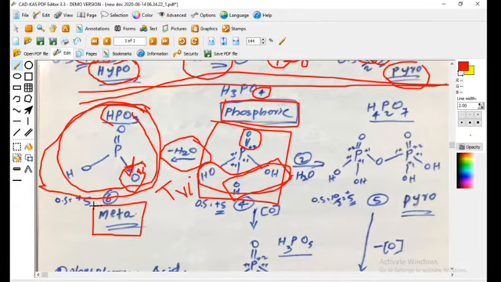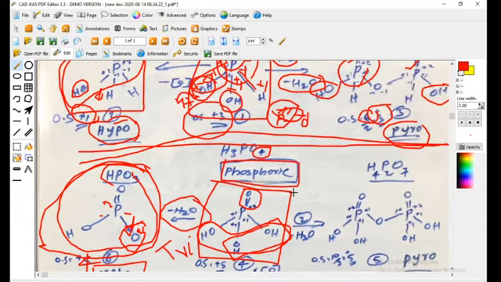The name is important. Meta, by the elimination only, metaphosphoric acid. So when we discuss the oxidation state, it will be +2 here, here +1, here +1, total we have +4 oxidation state. +4 oxidation state is there.